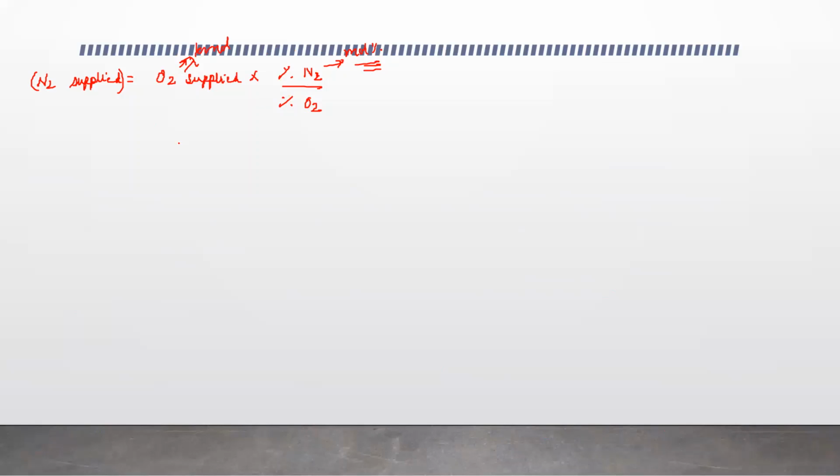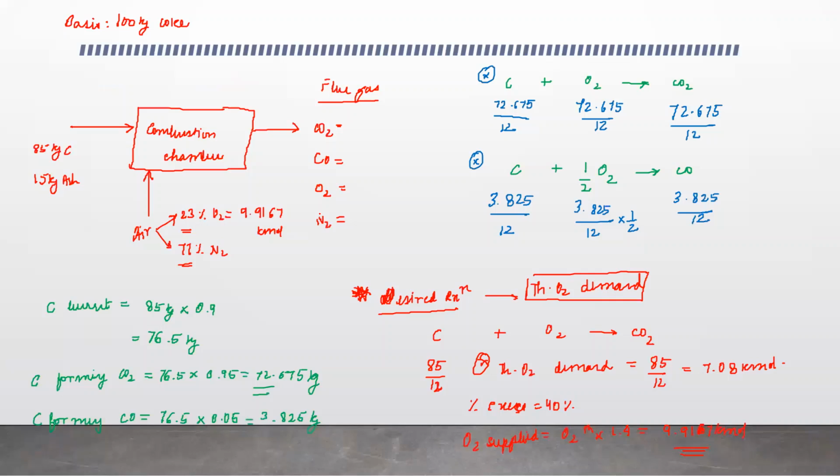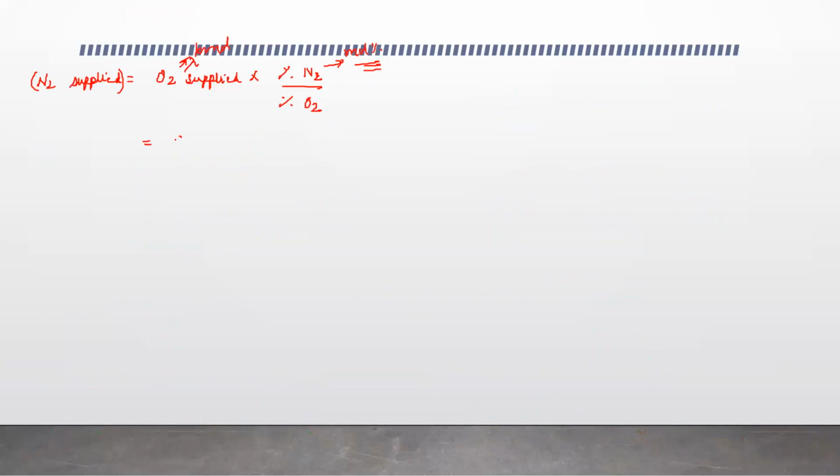All right. So oxygen supplied is how much? 9.9167. What is the mole percent of nitrogen in air? It's 79%. Upon what is the mole percent of oxygen in air? It's 21%. So nitrogen supplied is basically this.